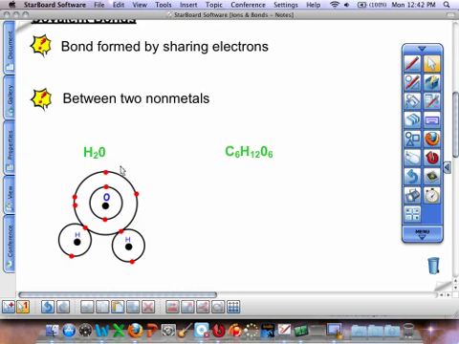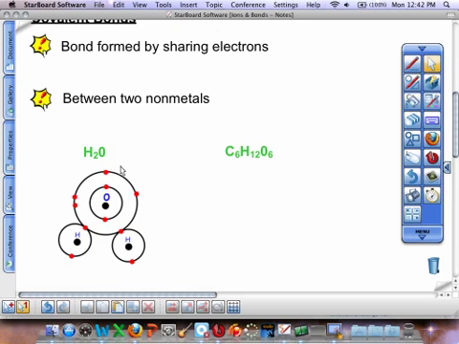What's that other one? C6H12O6. Kind of an important one to remember. Most of you guys need this to live. C6, H12, no, not oxygen. C6H12O6. It's not carbonated water.